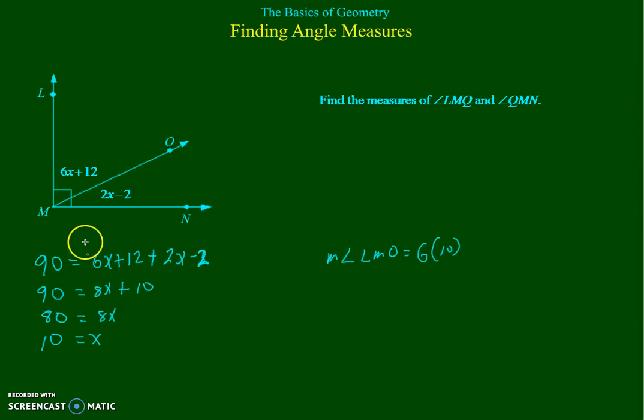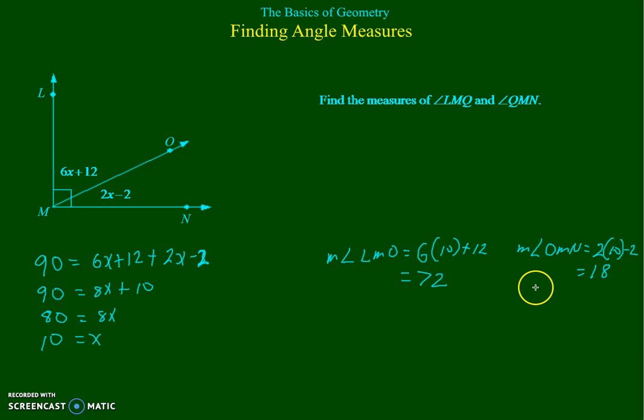We're substituting a 10 in for the x, plus 12. And the measure of angle OMN equals 2 times 10 minus 2. So this is 60 plus 12, which is 72. And this is 20 minus 2, which is 18. And that equals 90 degrees.